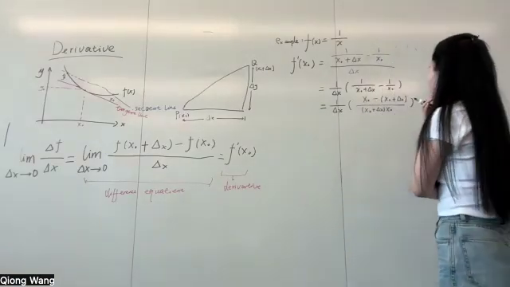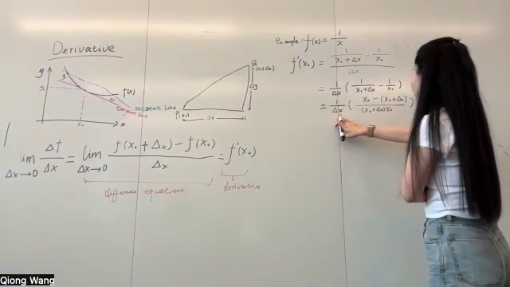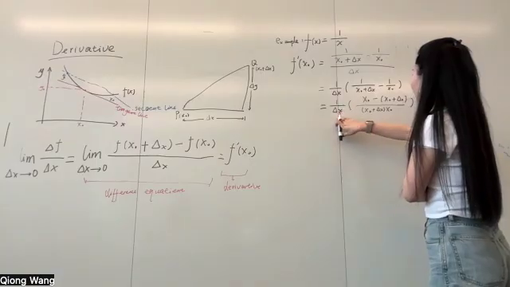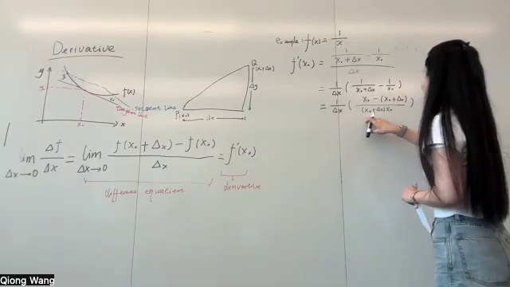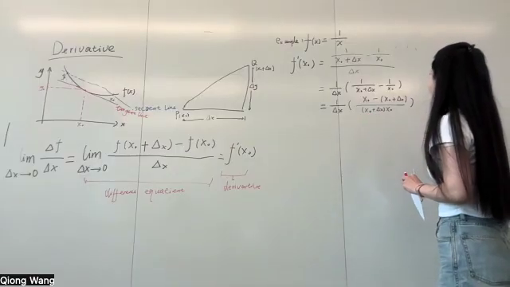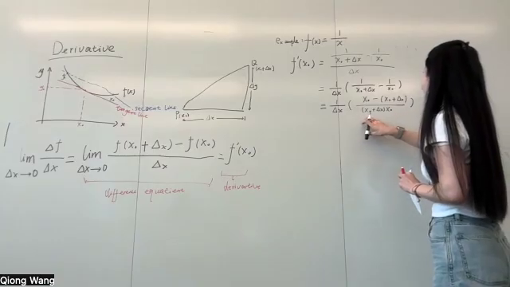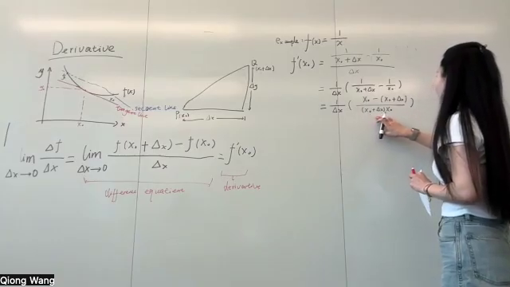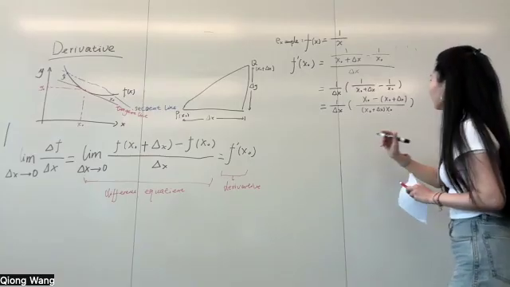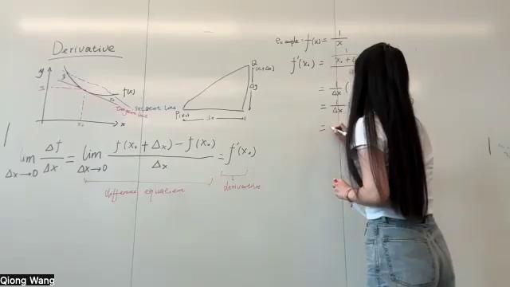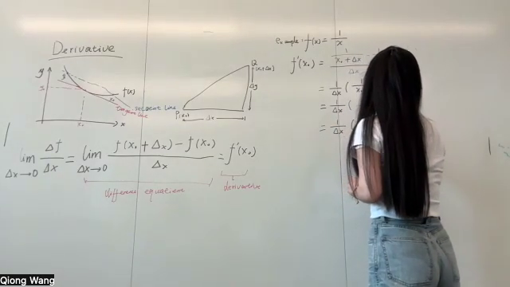So we will get the equation 1 over delta x times x0 minus x0 plus delta x, over x0 plus delta x times x0, right? And we will go to the function like this.